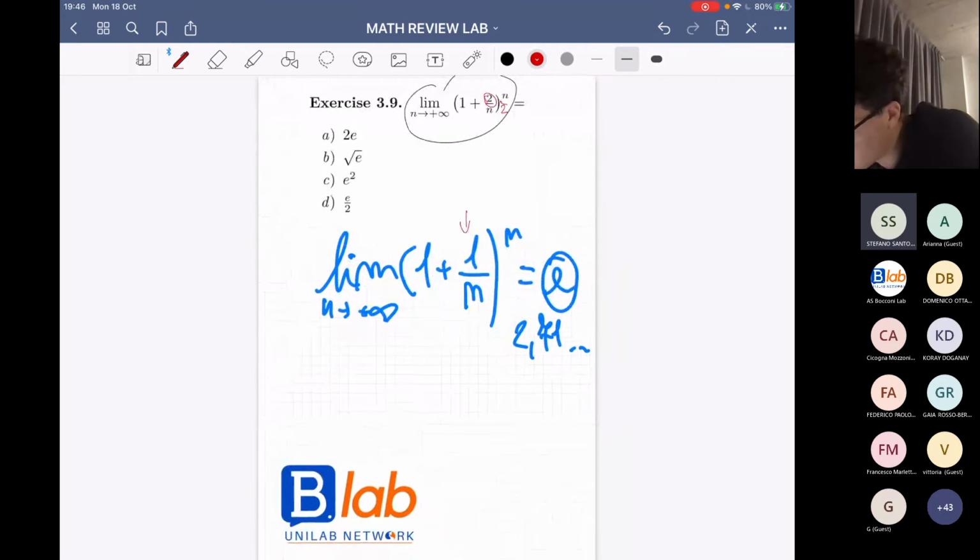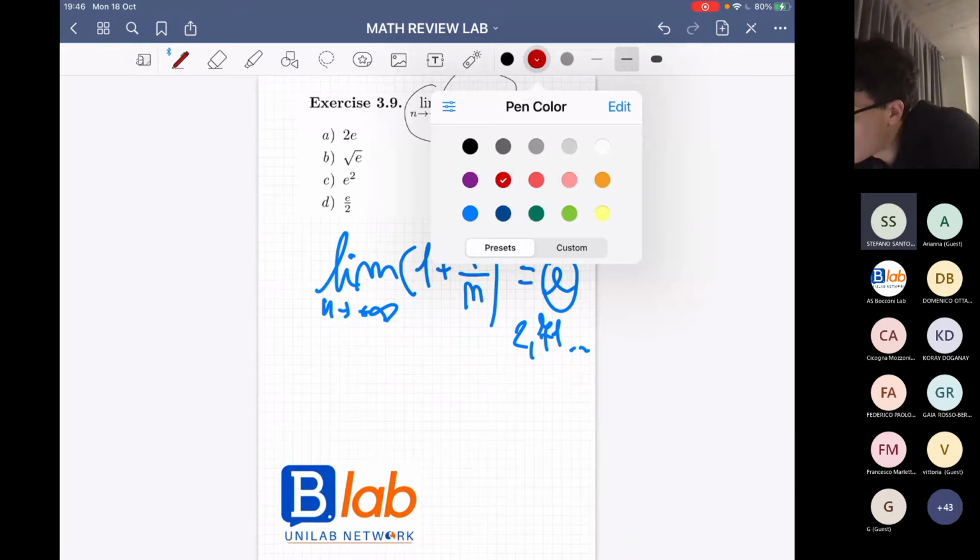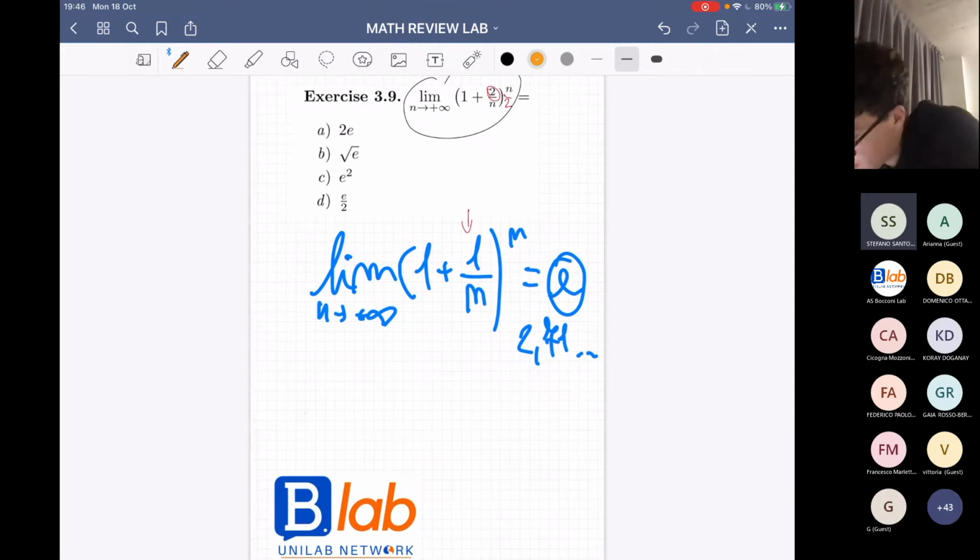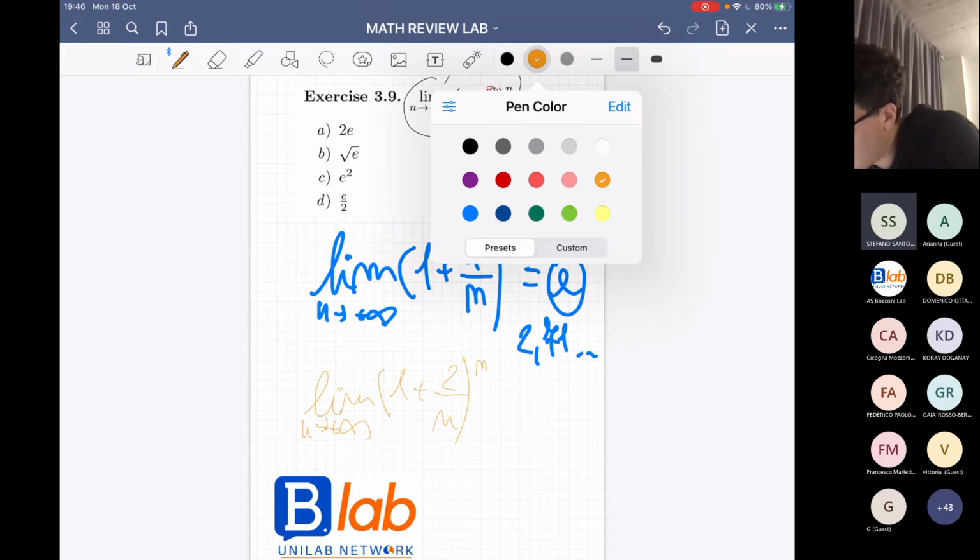Well, it's easy, because we just write the limit as n tends to positive infinity of (1 + 2/n)^n.